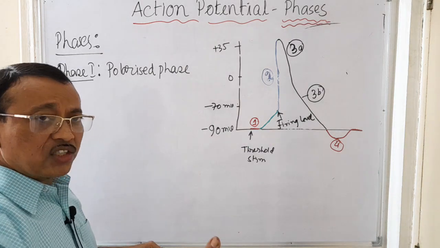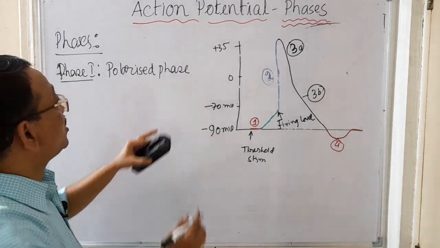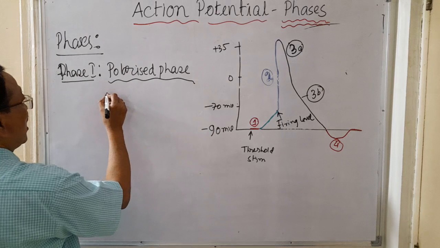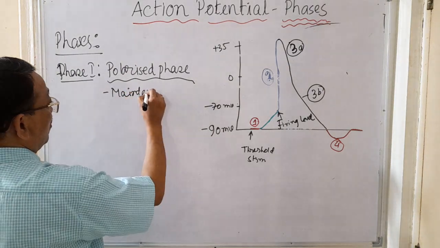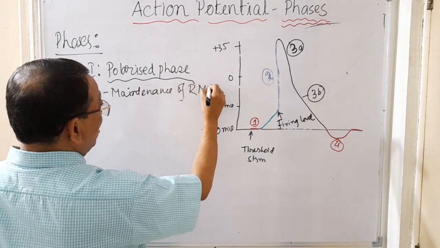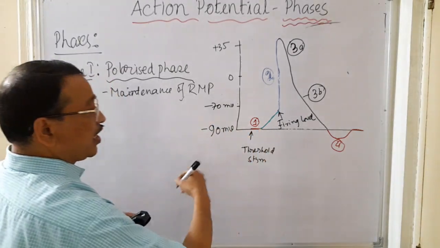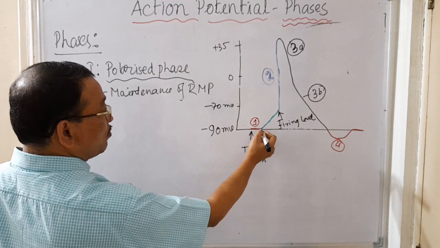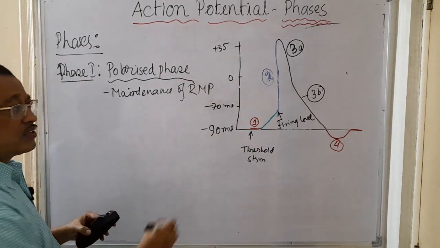The factors responsible for the resting membrane potential are responsible for this polarized phase. So the polarized phase is basically the maintenance of the resting membrane potential, and thereby there is no change of the potential difference across the membrane. It remains minus 90 millivolt.